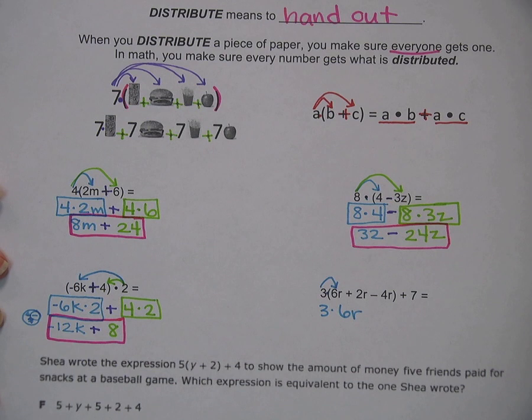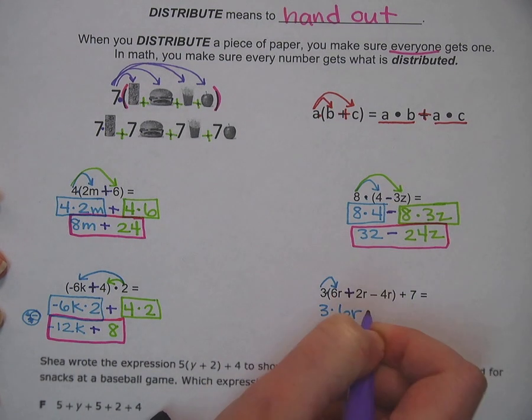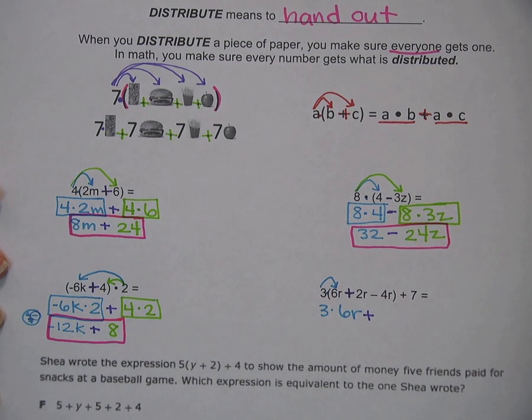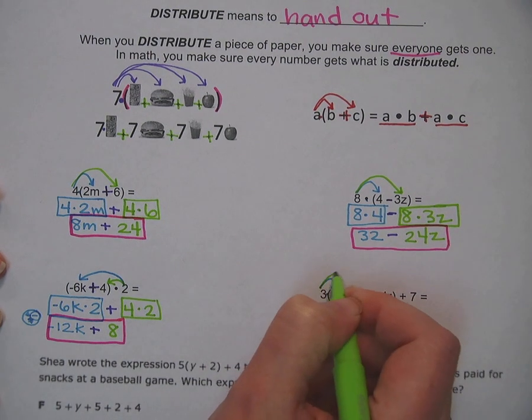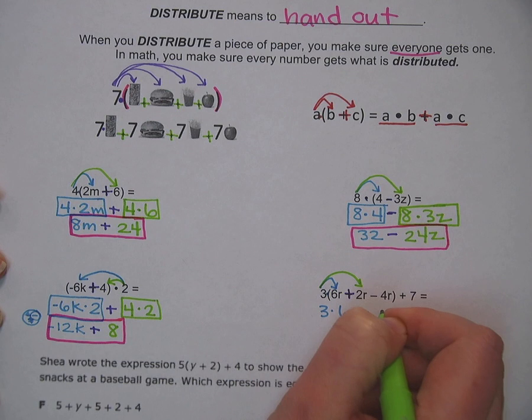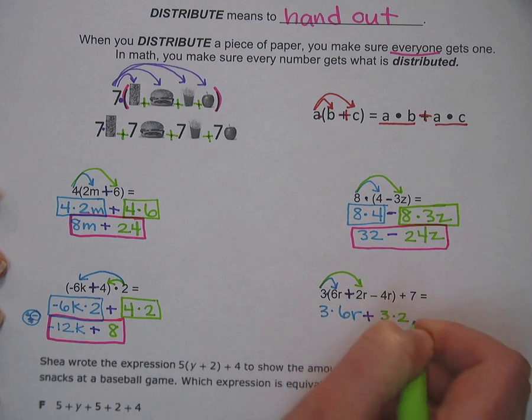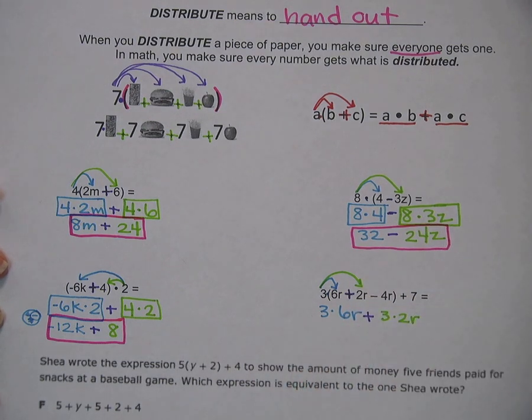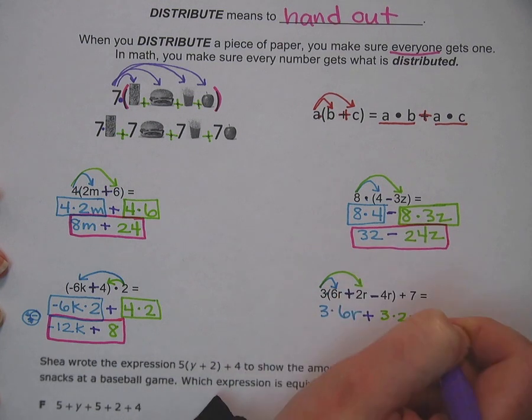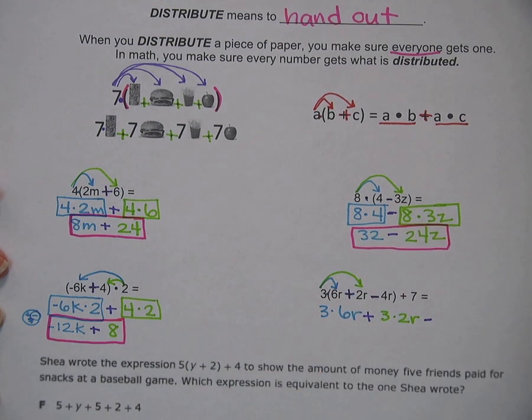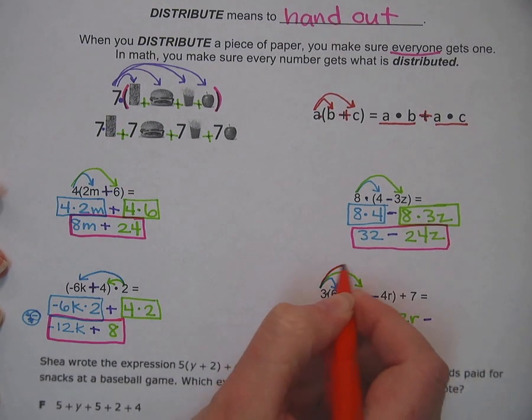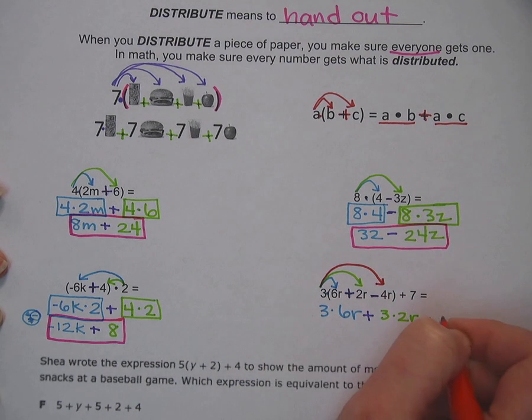Then I have a plus sign in the middle, so I'm going to put my plus sign. Then I have 3 times 2r. Then I have a minus.